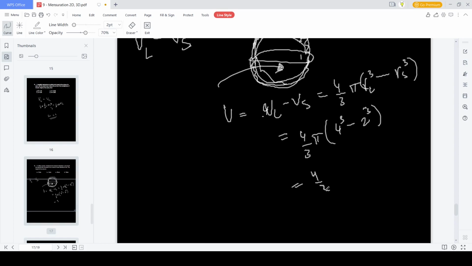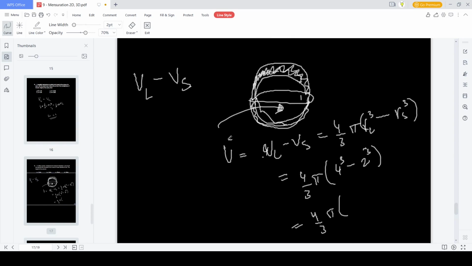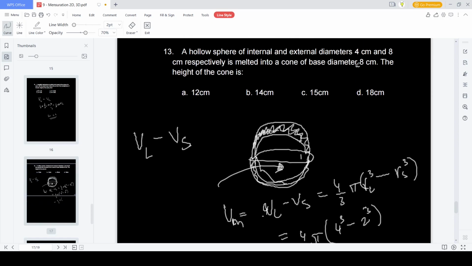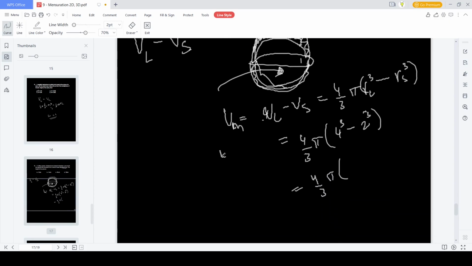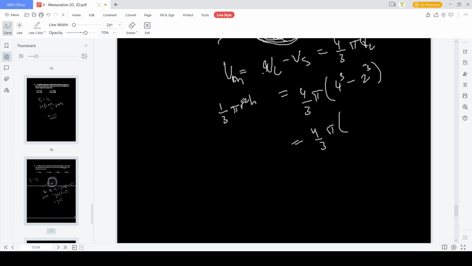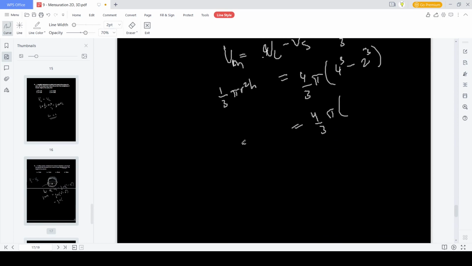Now this volume of the material is recast into a cone with base diameter 8 centimeter, so base radius is 4 centimeter. Volume of cone we know is 1/3 pi r square h. Radius here is not the same, it is 4.